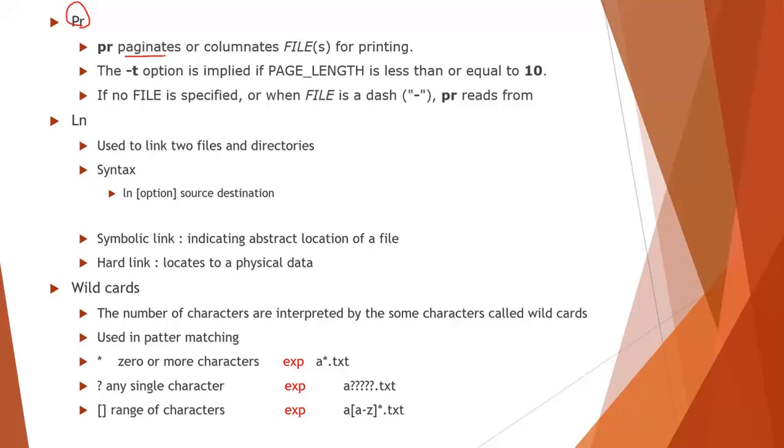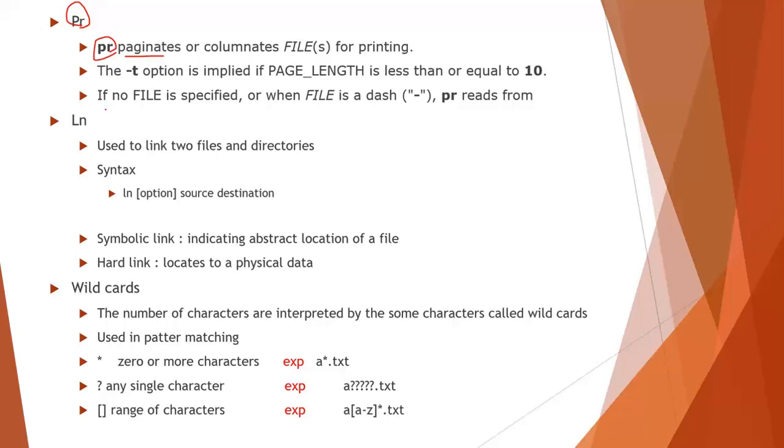Similarly, if you want to do the same thing in Unix programming, we'll be using this command called the PR command. It is used for printing with specific margins, headers, footers, and in the form of a particular page length. For example, A4 size, A3 size, all those things can be set when you use the PR command.